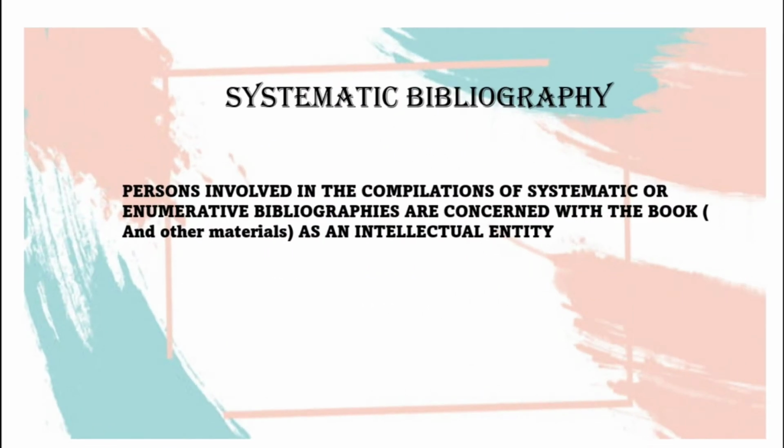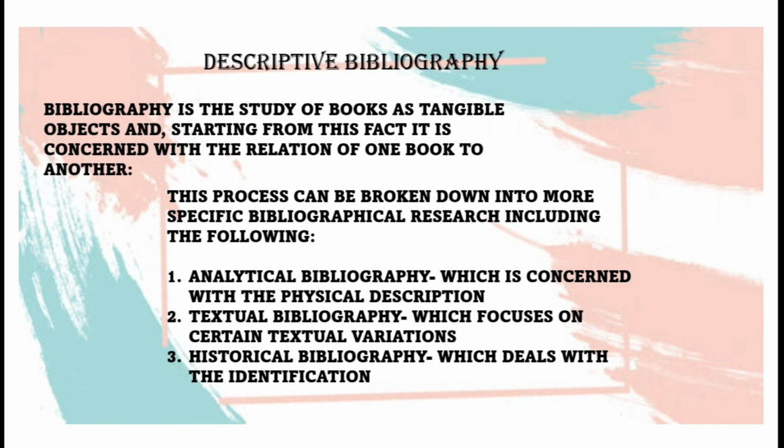Systematic bibliography. Persons involved in the compilation of systematic or enumerative bibliographies are concerned with the book and other materials as an intellectual entity. Descriptive bibliography is the study of books as tangible objects and, starting from this fact, it is concerned with the relation of one book to another.